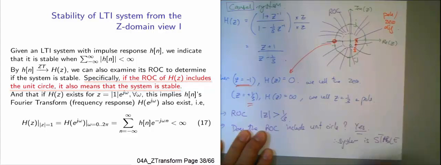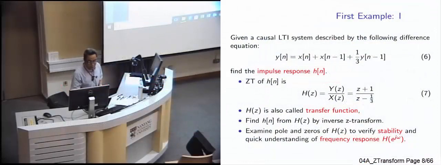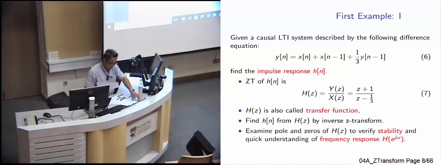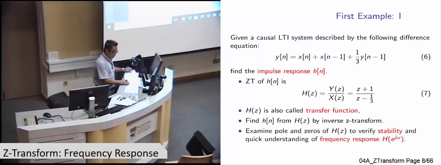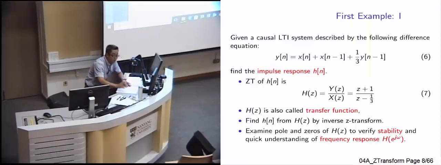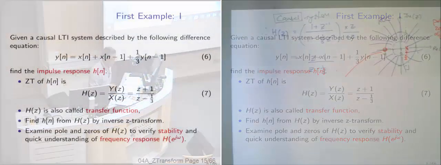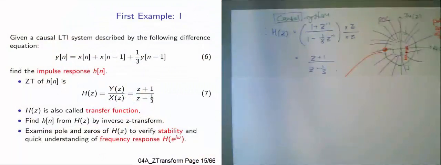That's it. Right, some notations. H of z is called the transfer function. From H of z, you can find h of n, the impulse response of the LTI system. From H of z, you can verify the stability like what I have done. And finally, what about H of e^jω? Yes, the frequency response. So I've given you H of z.